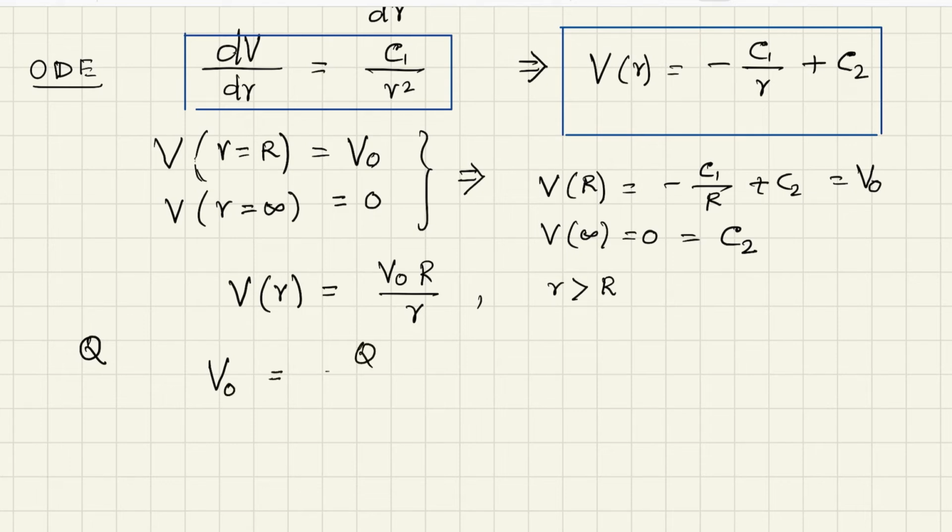Then that will be Q by 4 pi epsilon naught R. So now compare this and this. This we already know. Let's say this is 2 and this is 1. So compare 1 and 2. From this we know that V naught has to be just that.